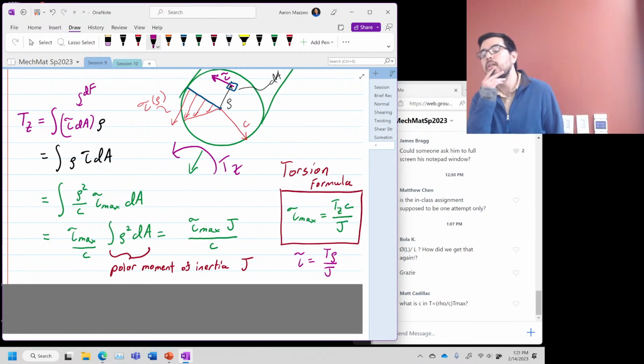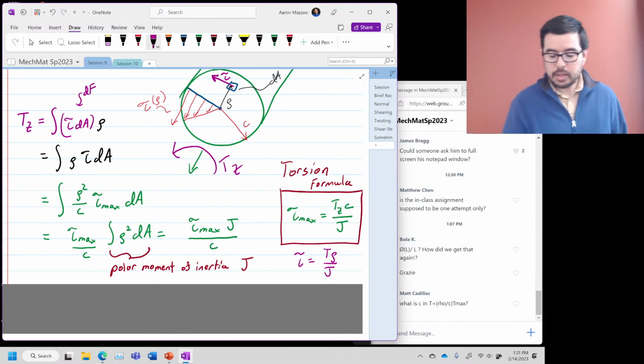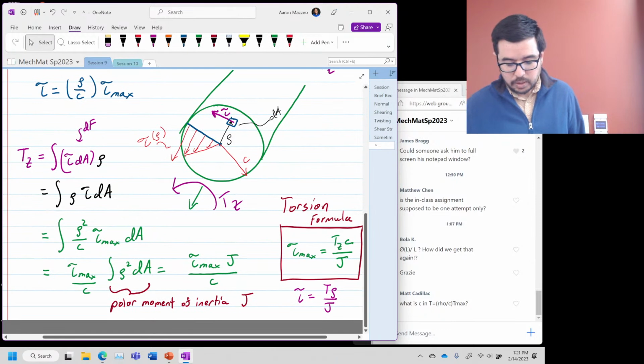Yes? Rho is just a number, but it's not like an expression. It is an expression. Rho is the distance from the center line. So you see this is the center point on this circle, which is the center line going through the shaft. Rho is the distance from that center line. So here's rho, and that's the element we're interested in, potentially.